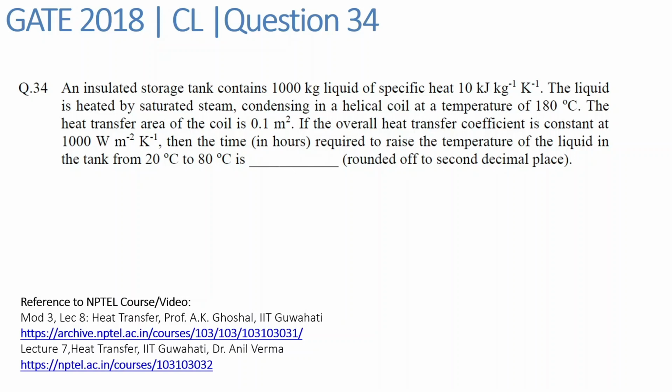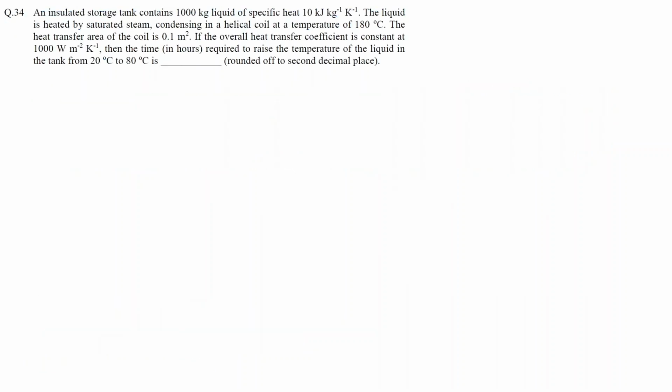So for the given setup of this insulated storage tank, we have been asked to find the time in hours required to raise the temperature of liquid in the tank from 20 to 40 degrees Celsius. So let's just consider a tank.